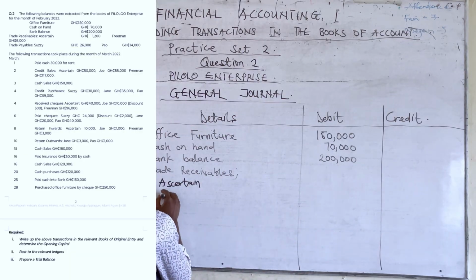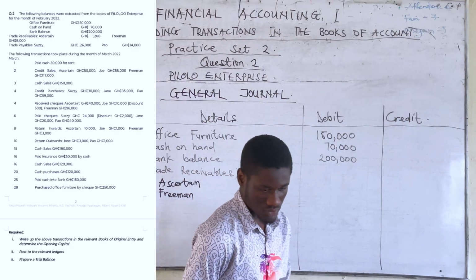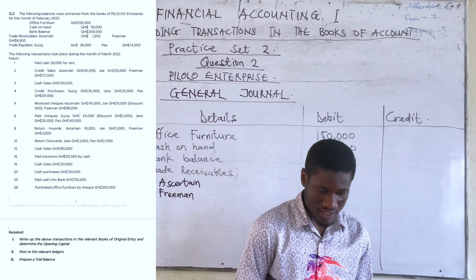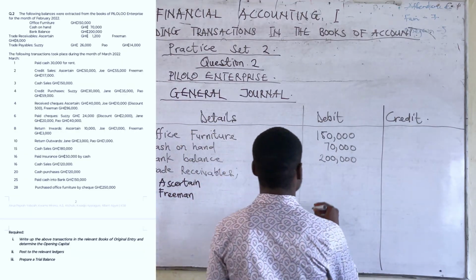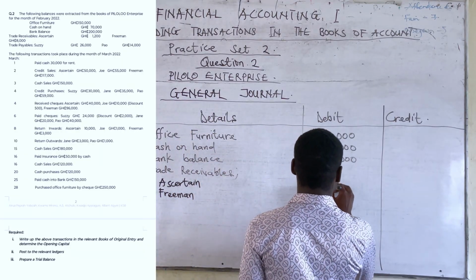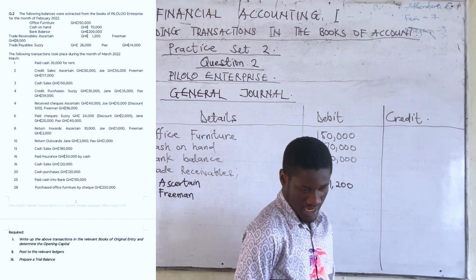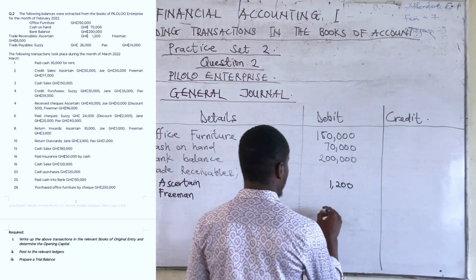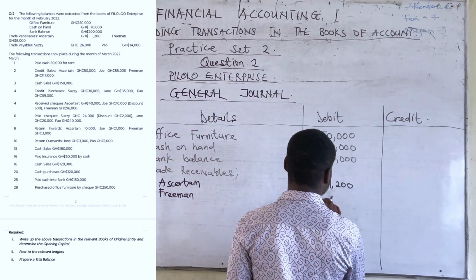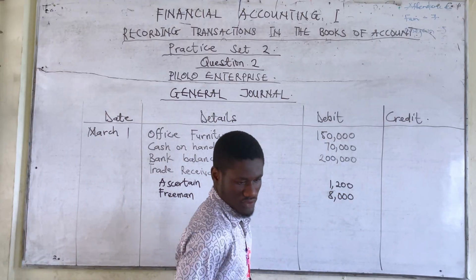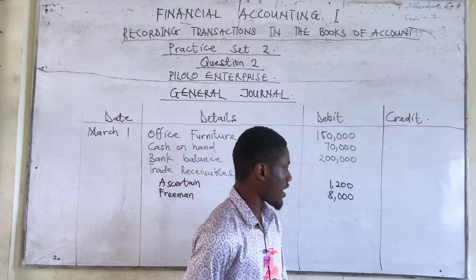So these are the two trade receivables that had balances as at March 1st. Ascertain had a balance of 1,200 to settle, and Freeman had a balance of 8,000. Good.